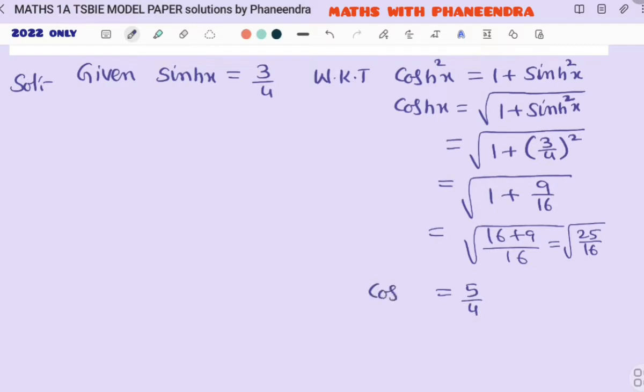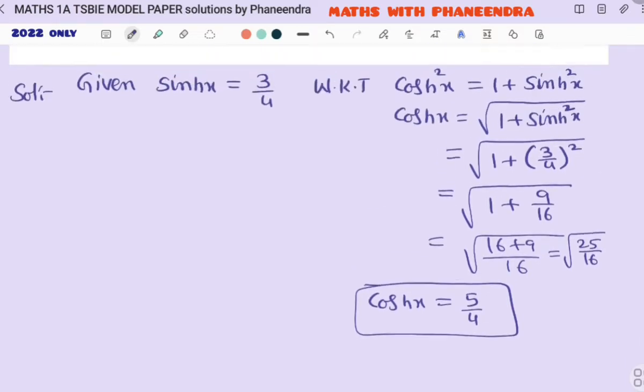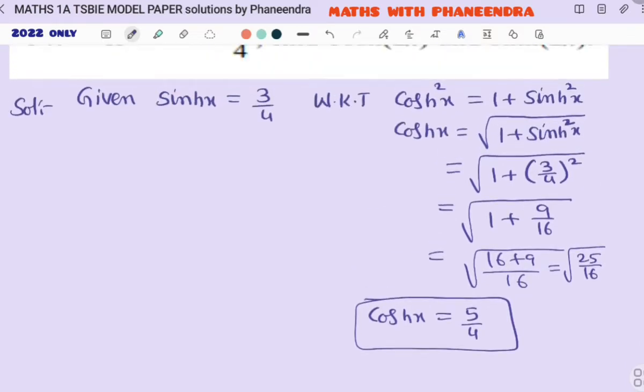This is cos hx. So, cos hx value we know, and sin hx value also we know. So, what are they asking to find? The first one, cos h 2x.